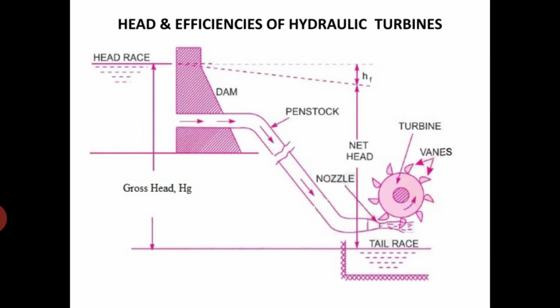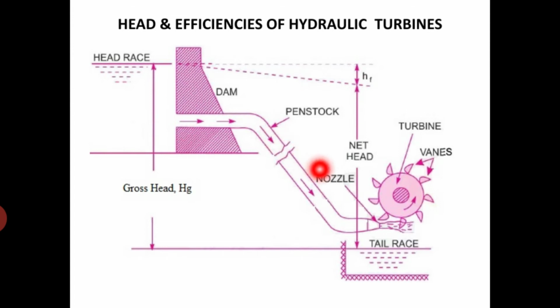What do you mean by head race? The water surface in the storage reservoir is known as the head race level, and water from the storage reservoir is carried through large diameter pipes, usually made of steel or reinforced concrete, to the turbines.